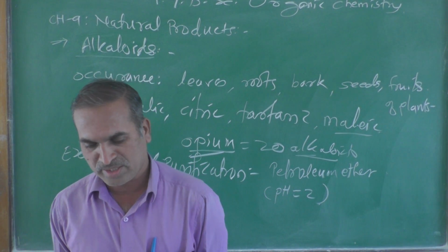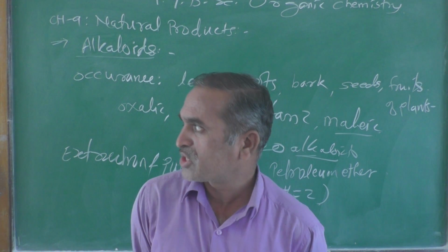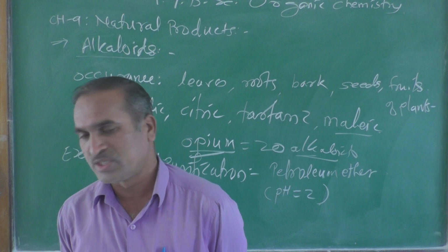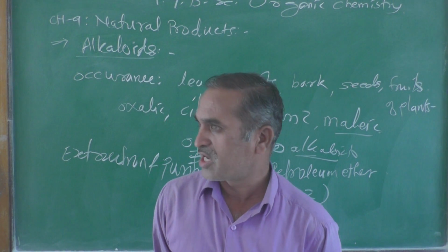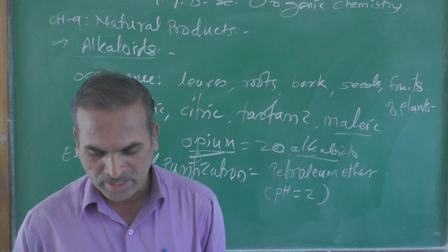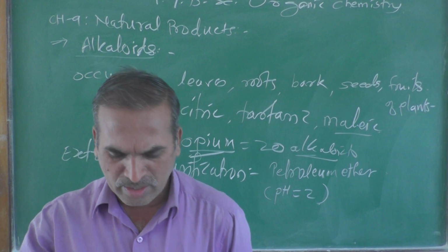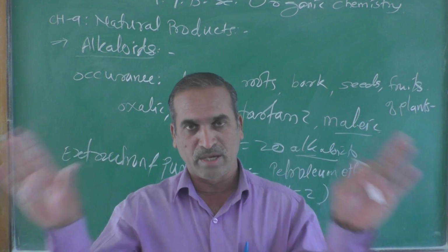From that we can get the pure form of the alkaloids, and those alkaloids, if used in a small amount, can act as a medicine, as we learned at the beginning.